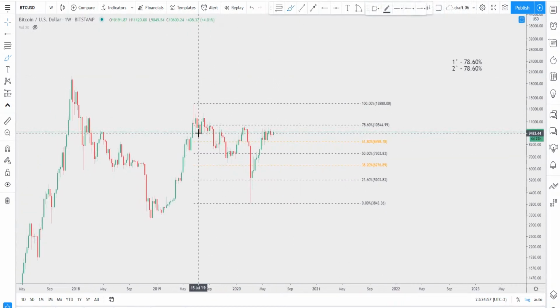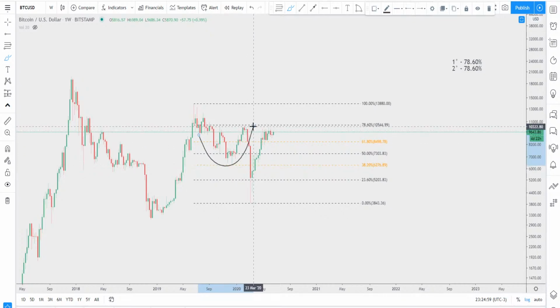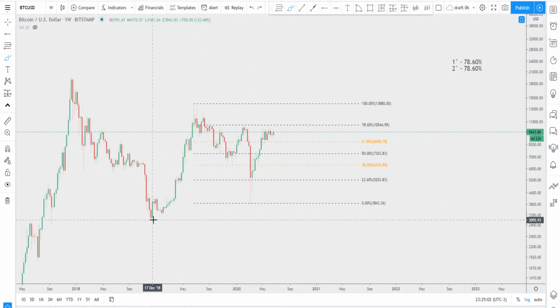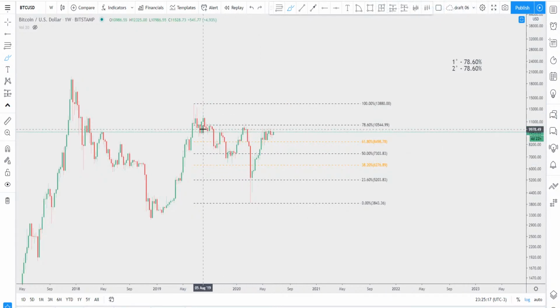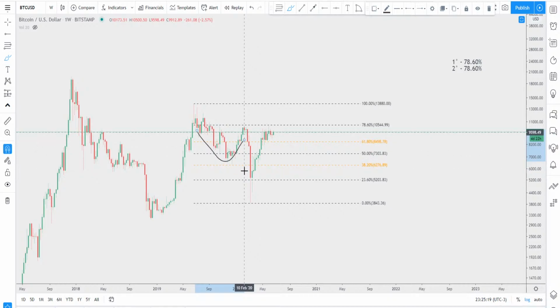This whole move, back in the day, that's what we had to call for a bull break, because this was a valid wave, and also this one here, and we were looking for another higher low, which didn't play out.